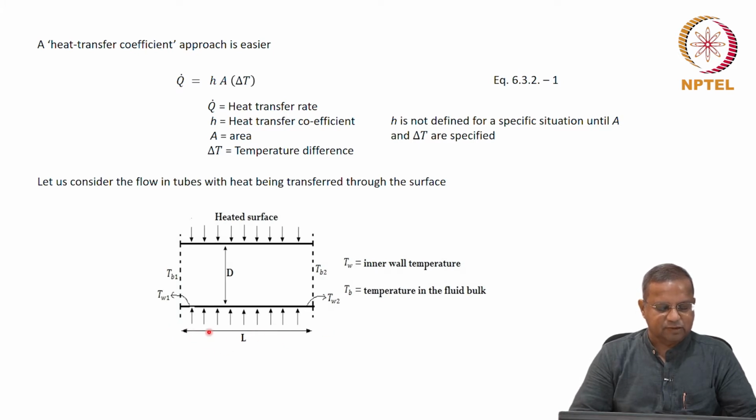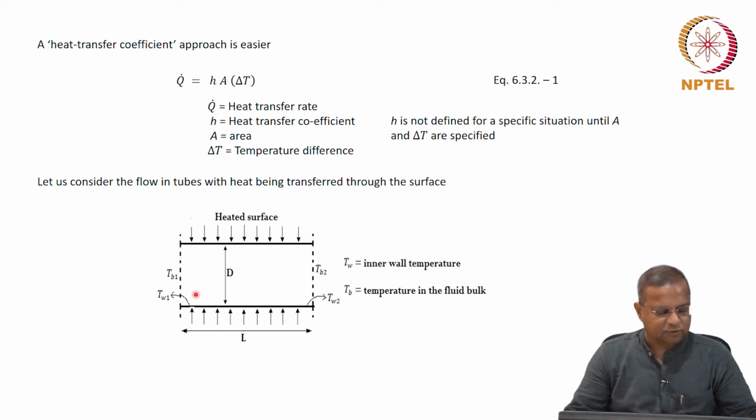Let us say that we consider a tube of length L. The bulk temperature at this cross section, let us say, is TB1. The bulk temperature at this cross section, let us say, is TB2. So, TB is the temperature in the fluid bulk, average temperature here, average temperature here, and the wall temperature would be different. The heat is being transferred here.